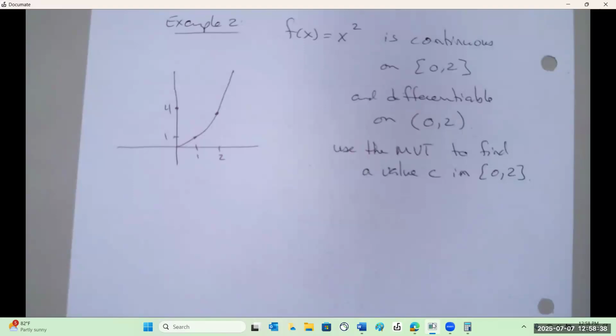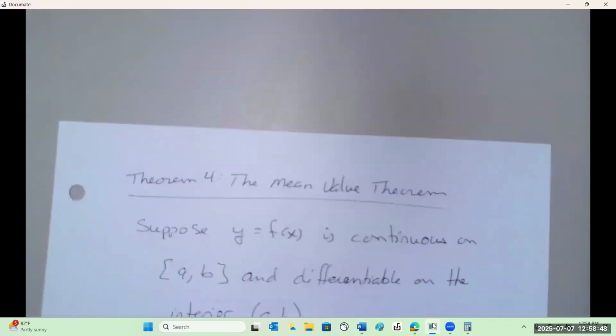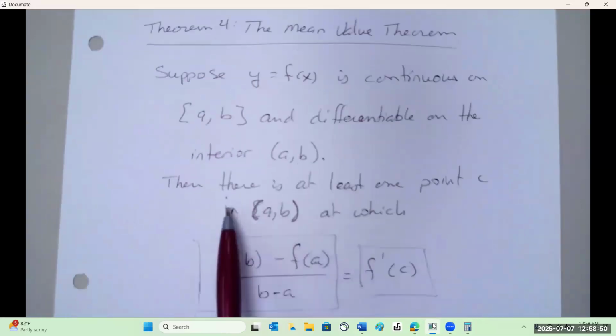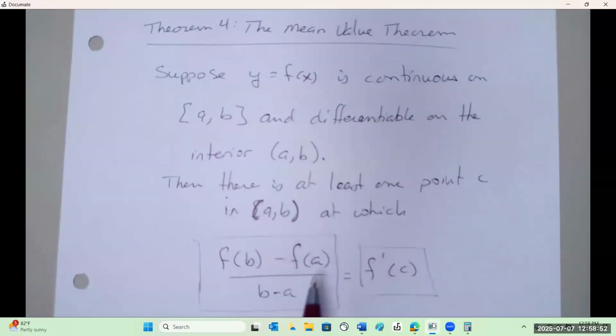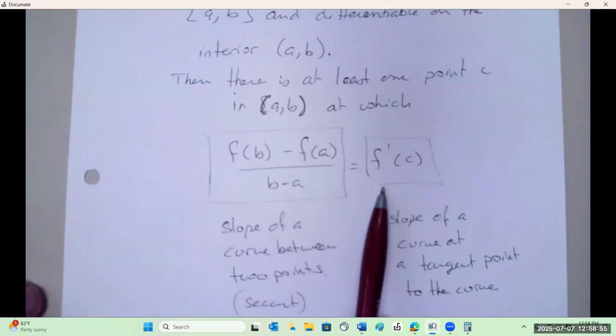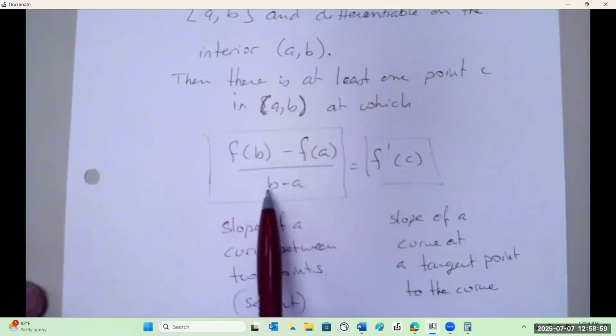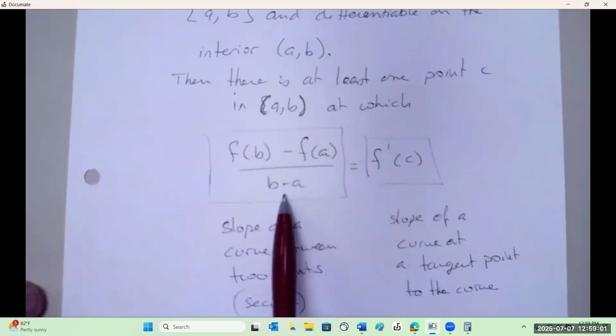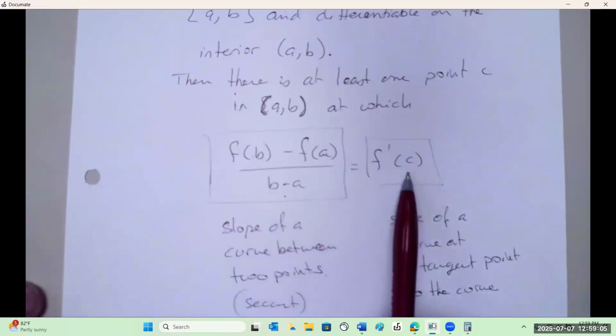So what is the mean value theorem? How do we use it to find the value c inside there? Remember, the mean value theorem says if it's a continuous function, then there's at least one point c in which this is true. So what we have to do is find this slope and set it equal to the derivative.